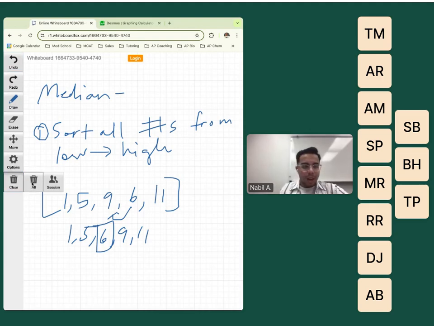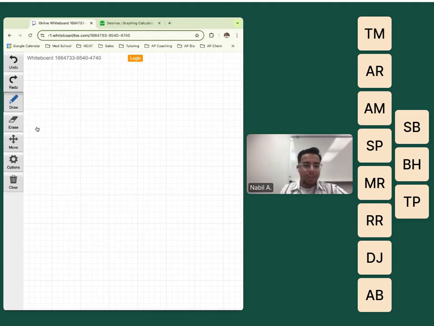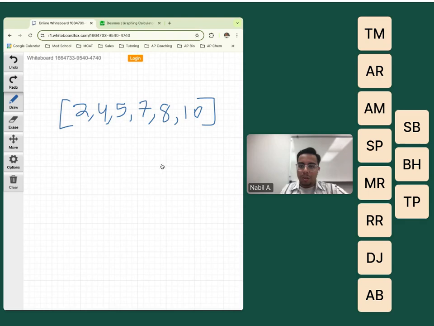So that segues on to my next question. Let's say instead of an odd number of terms, we have an even number of terms. Let's say I have 2, 4, 5, 7, 8, and then 10. These are all sorted, so let me just double check. Yes, they're all sorted, lowest to highest.